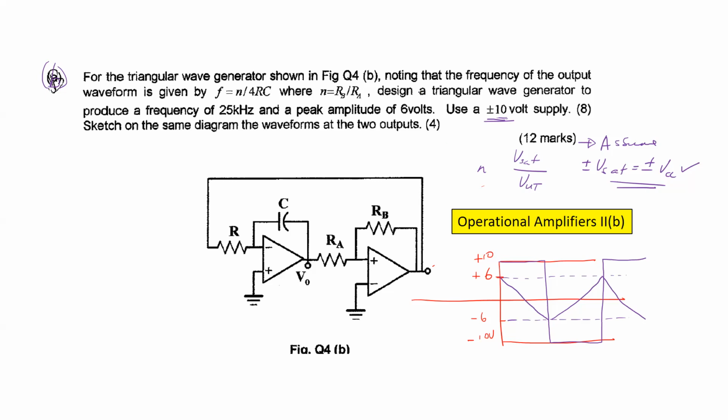And once you have N, you choose a value for RA and then calculate RB, or you choose a value for RB and then you calculate RA. It's up to you. Then you pick a value for R, and you know N from here. You know the frequency, so you calculate the value of the capacitor.